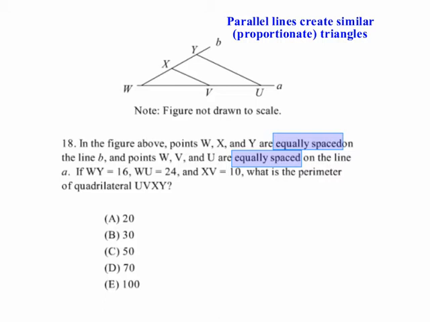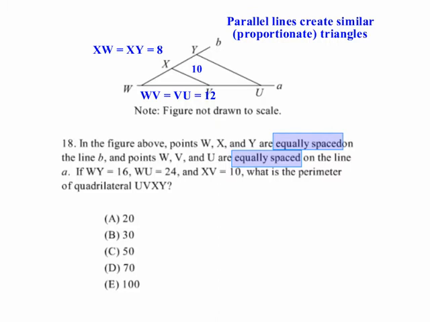Okay, they're equally spaced. So this tells us that XW equals XY equals 8, because we divide that 16 into 2 equal segments. We're going to divide that 24 into 2 equal segments and say that WV equals VU equals 12. So we've got this proportion set up. Knowing that these are equal, we're told that XV equals 10.